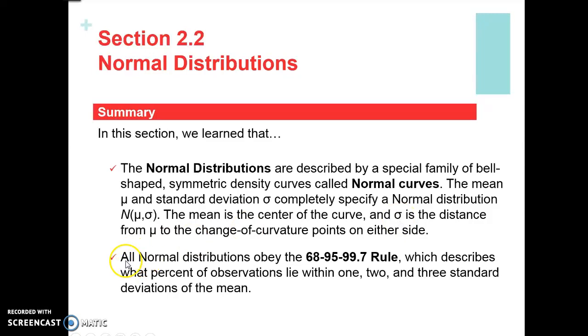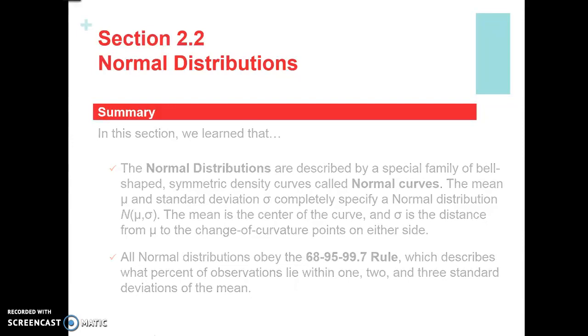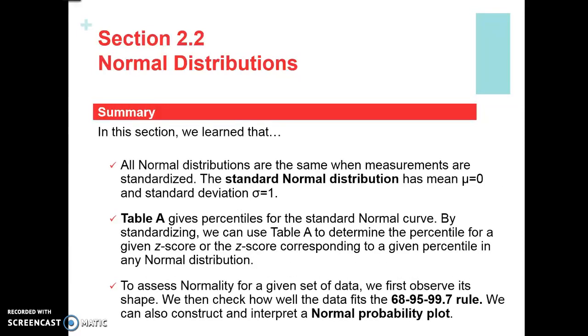Most all normal distributions follow the empirical rule, and basically that just tells us what percent of observations should lie within 1, 2, and 3 standard deviations of the mean. Remember, all normal distributions are the same when they're standardized. The standard normal distribution has a mean of 0 and standard deviation of 1. That's basically your z-score distribution.